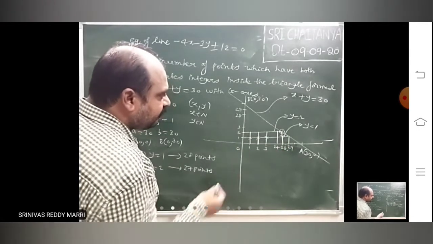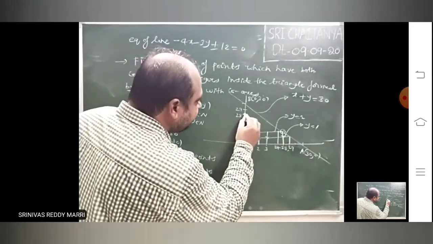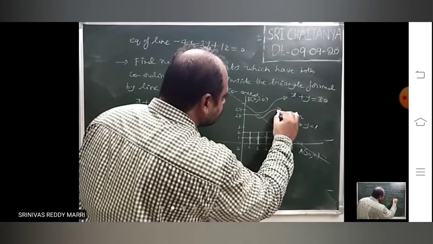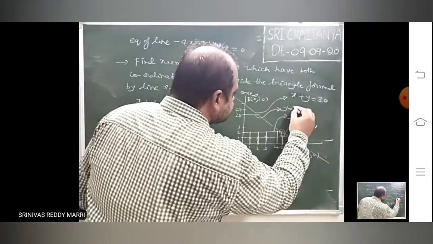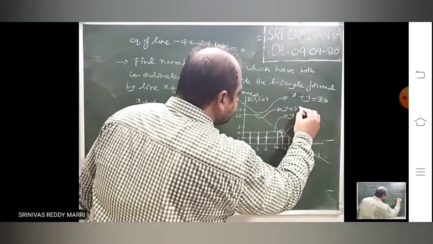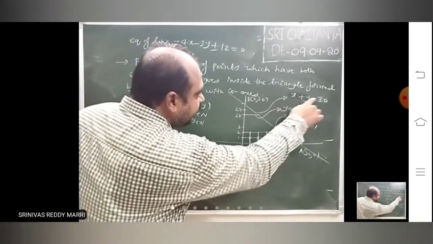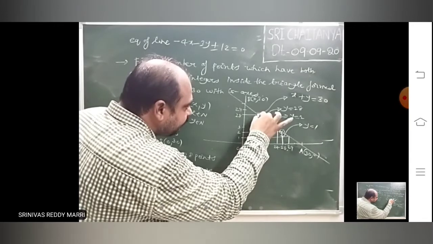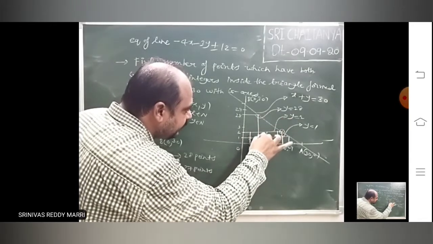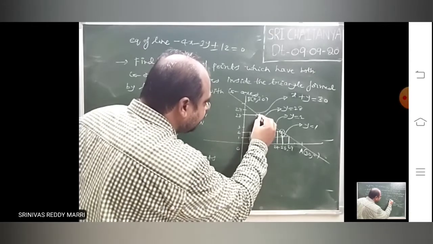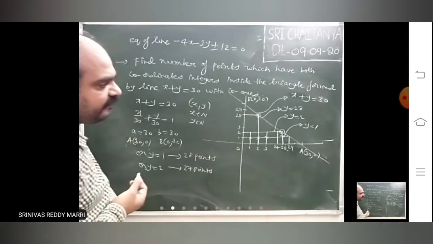Like that, I will draw y equal to 3. Finally, if I draw y equal to 28 here, this line is y equal to 28. If y equal to 28, x is what? 2. That means this point is 2 comma 28, which lies on the line, but you don't want that.